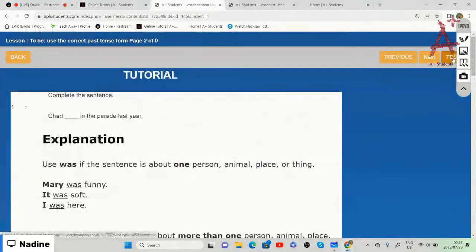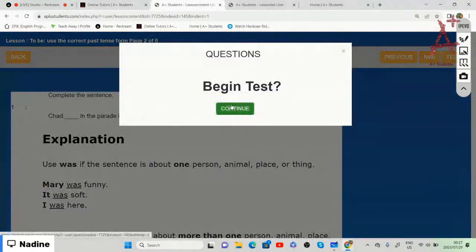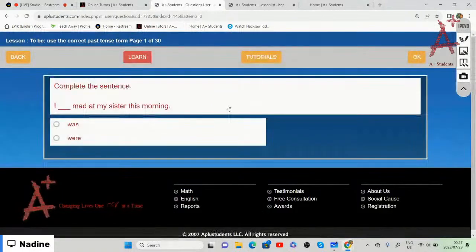All right, let's go to the test. We need to either choose between was or were. Remember, we said was is in the past tense, which refers to one person, animal, place, or thing.